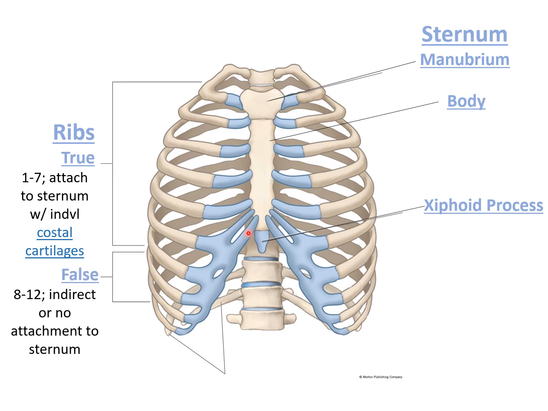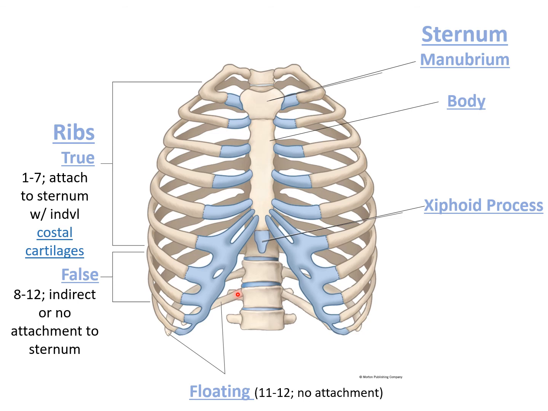The remaining 5 pairs of ribs are called false ribs, so ribs 8 through 12. They either have an indirect connection with the sternum, so here we can see 8, 9, and 10 all have fused costal cartilages. These are false ribs. Okay. The last 2 pairs of false ribs, so this one here, 11 and 12, don't actually connect to the sternum at all.